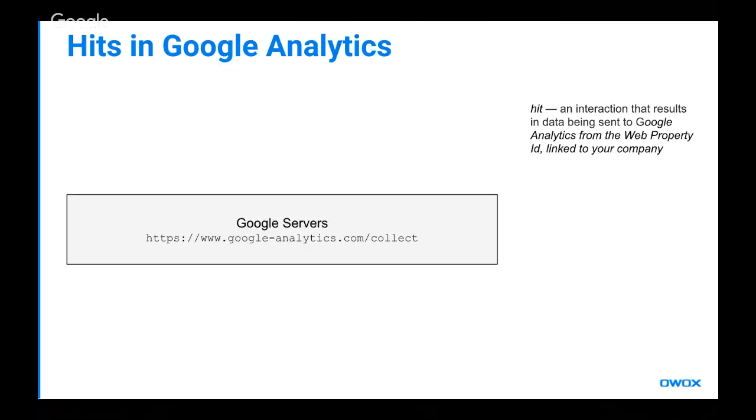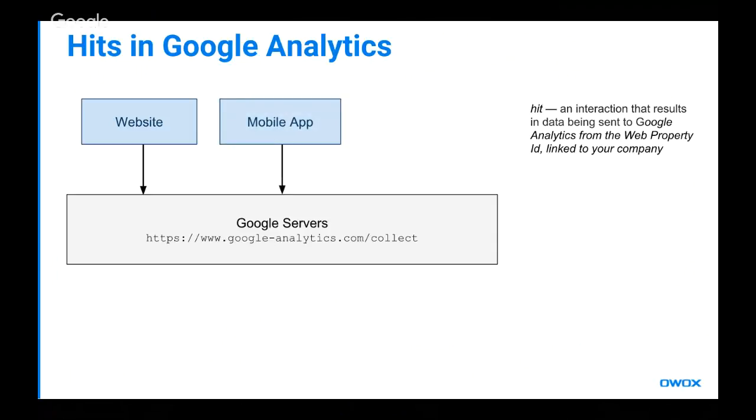All these hits could be sent from your website using the on-site code, GTM, Google Tag Manager, or any other tagging system, from your mobile apps via SDK, or directly from the measurement protocol. This system helps you to collect and send hits from any internet-connected device to analytics.